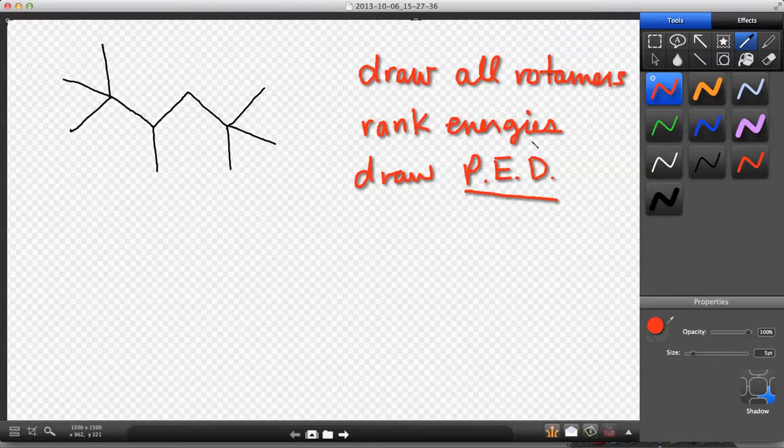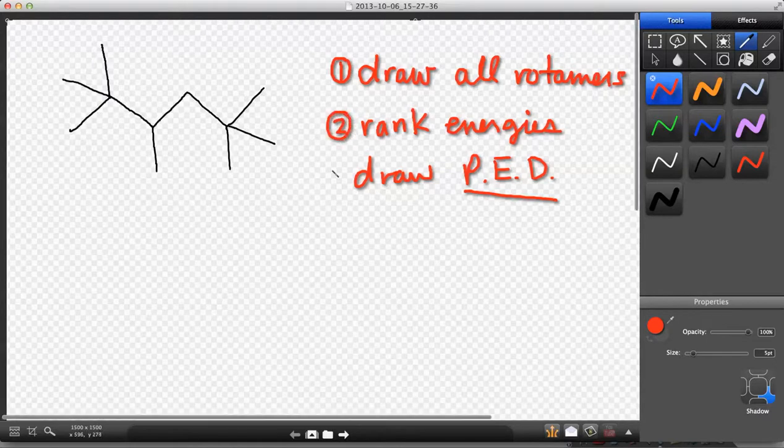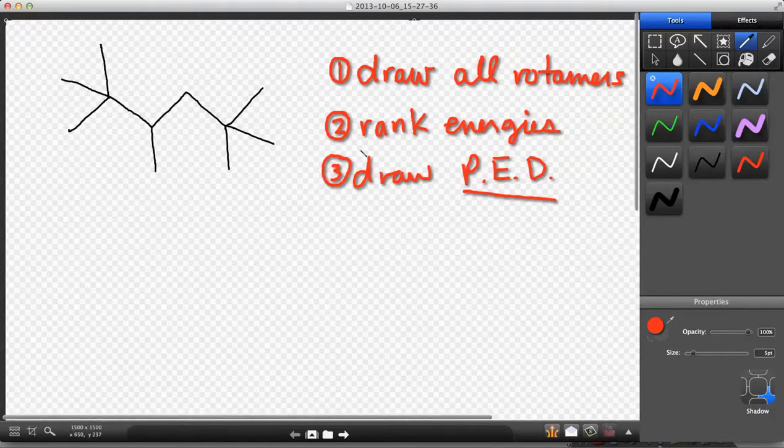Those are the three things that I would ask you be able to do in the context of a take-home test question or in the context of an in-class exam question. It's a fairly comprehensive problem. You should expect it to take you about 15 minutes to complete this problem, but certainly this is a good one to start with so that you can assess your level of mastery on drawing these types of isomers.